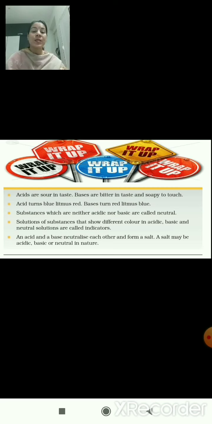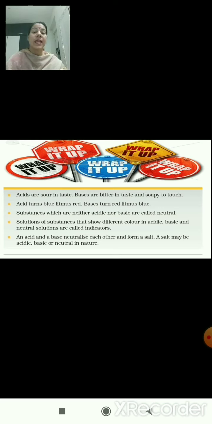Then after this you studied that acids turn blue litmus paper red and bases turn red litmus paper blue, and substances which are neither acidic nor basic are called neutral substances. The solutions of substances that show different colors in acidic, basic and neutral substances are called indicators.